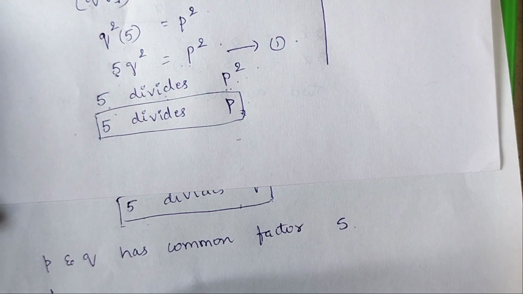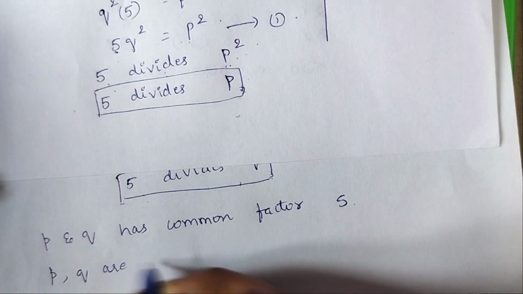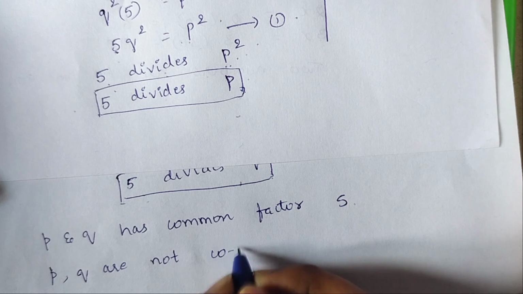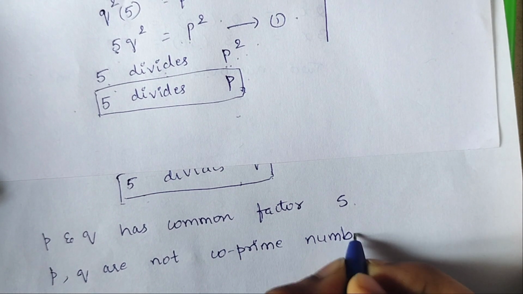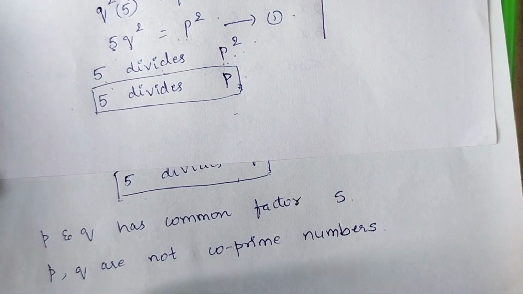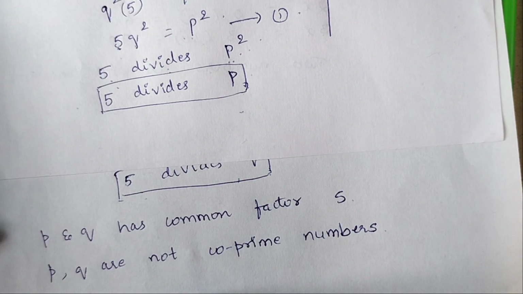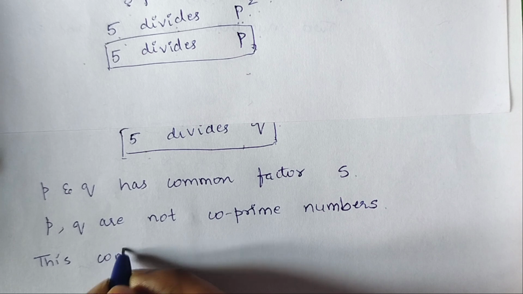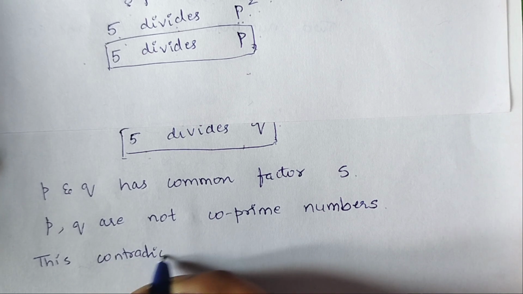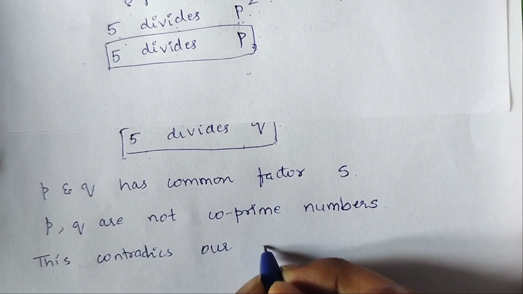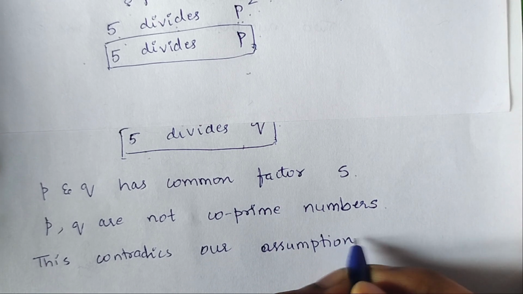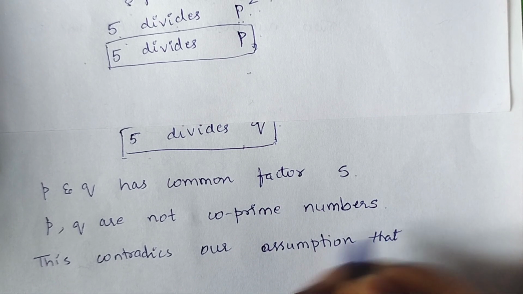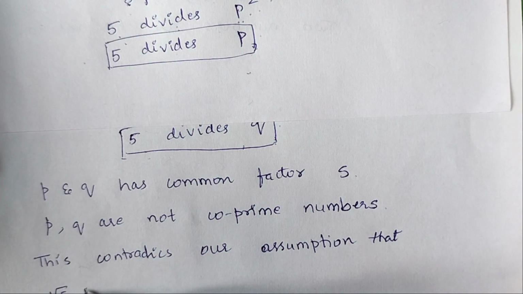That is, p, q are not co-prime numbers. This contradicts our assumption that root 5 is rational.